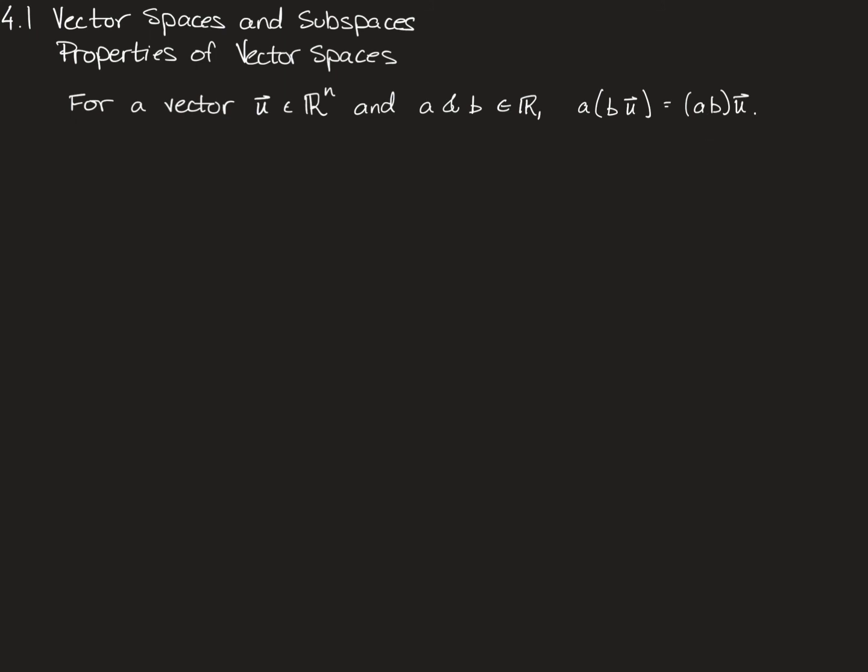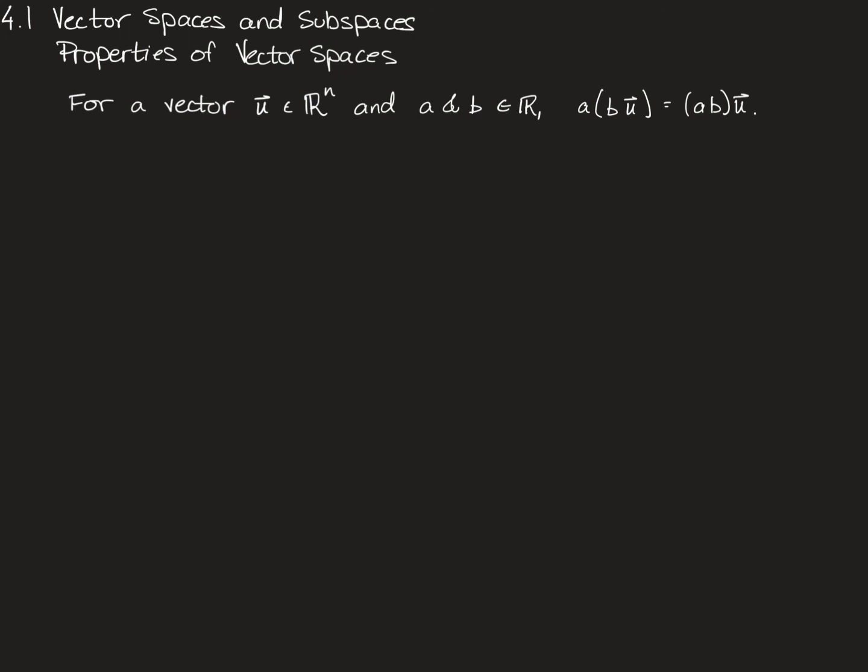The way I'm going to do this is I'm going to show what happens when I do b multiplied by u, and then what happens when I multiply a times the resulting vector. I'll do that in one column. And then in another column, I'll multiply a and b, and I'll multiply the result of that by u. In fact, because I don't know what they are, the result will just be ab. But I'll multiply that by each component of u, because that's what scalar multiplication is. And at the end down here, I'll show that the two are equal.